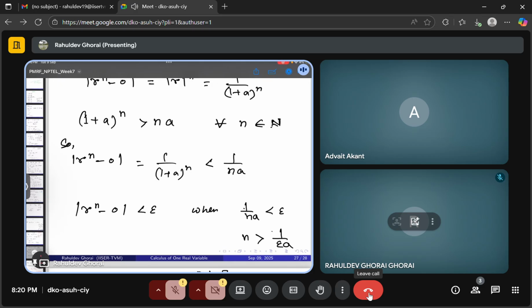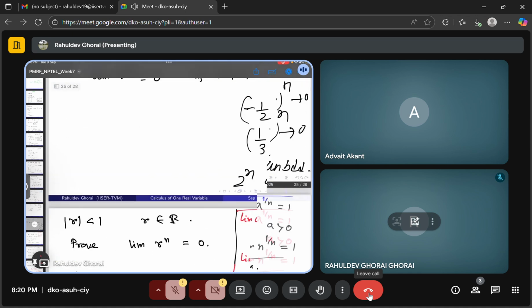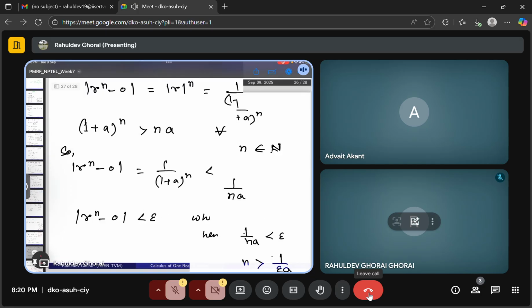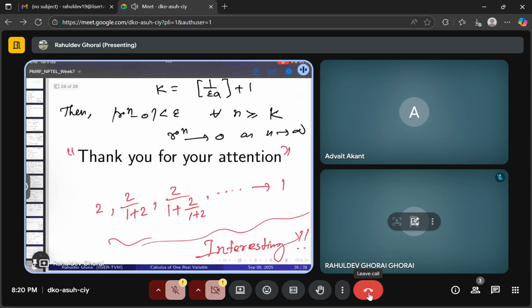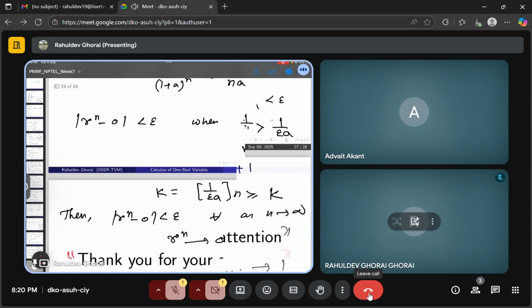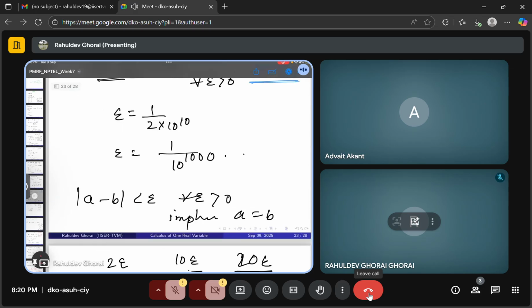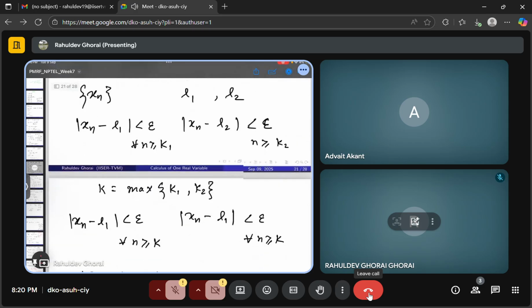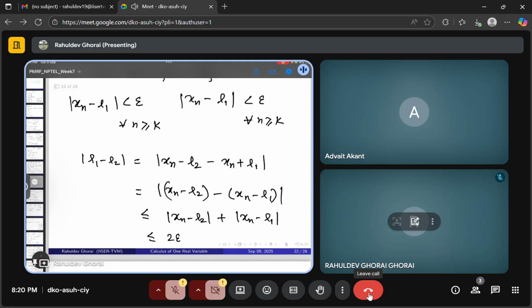So we'll do that in the next class. Whatever easy things were there, like numerical integration, I did in the first 30 minutes, and then for 30 minutes I started with sequences, where we don't have much more to do. You have to do the calculation and you get the result. I gave some idea how to compute things, and I think that will be okay. You check the video once, and we'll meet next, on this Saturday only.